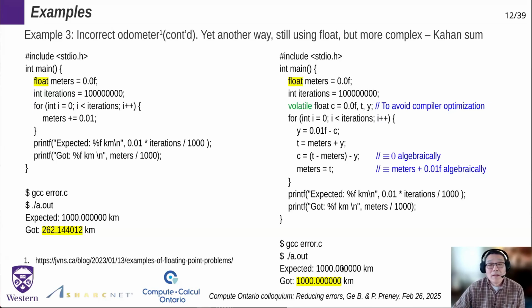Therefore, there's a reason for using a float, a single precision, rather than double precision, which will waste both memory and time. And with some tricks, we can still get accuracy. So this example shows different ways of getting the correct answer.